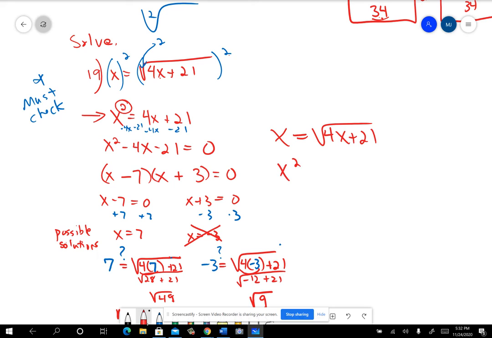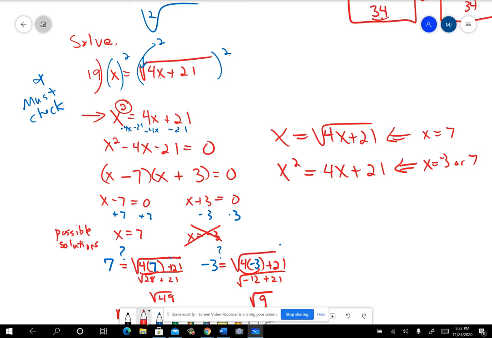After we squared both sides, we got x squared equals 4x plus 21. On this one, x equals -3 or 7 are solutions. But on the original, only x equals 7 really works. So the algebraic process, when you square both sides, potentially introduces some extra solutions. They call them extraneous solutions.